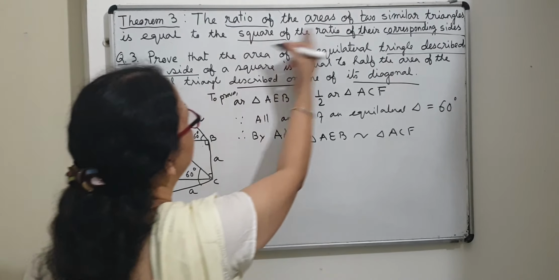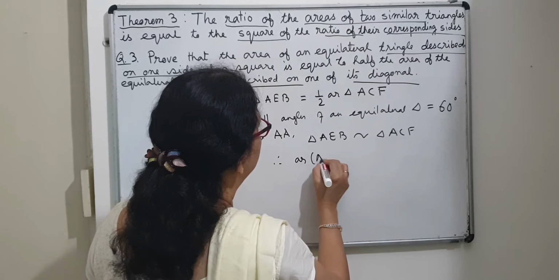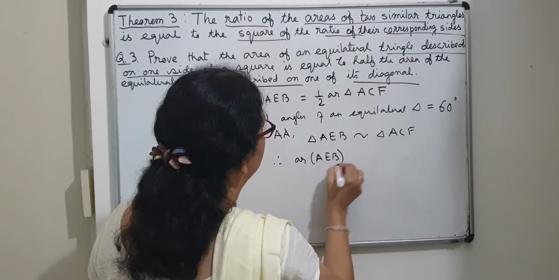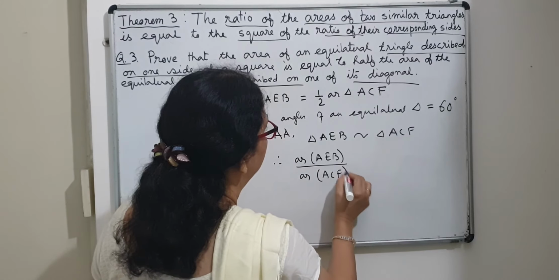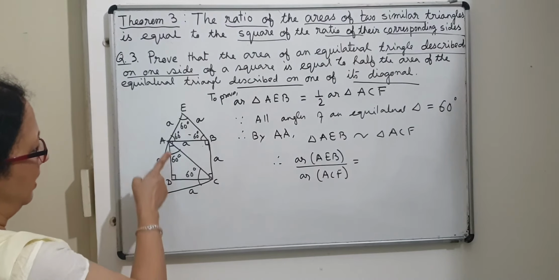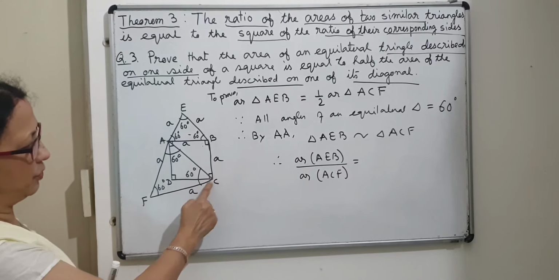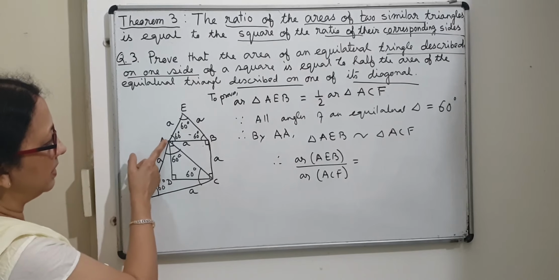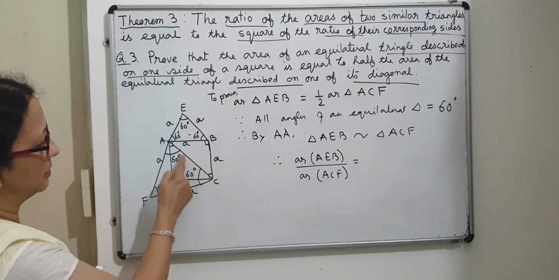So by this theorem, area of AEB by area of ACF will be equal to, I'll be considering AC, because AF and FC are not possible to find, but we know AC is possible to find out from this triangle by Pythagoras theorem.